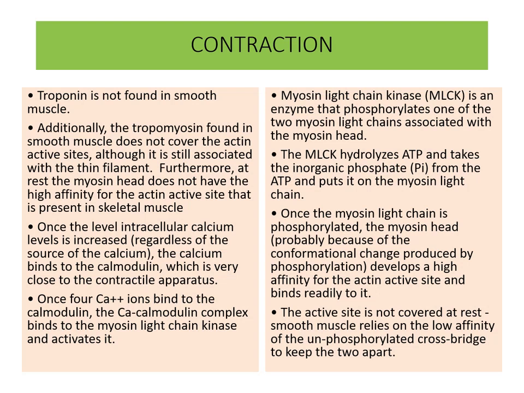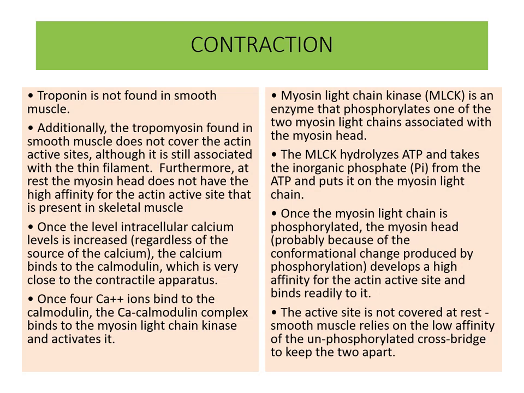So the active sites are open, and the myosin heads will contract only when the calmodulin calcium complex is formed and it is activating the MLCK, that is the myosin light chain kinase. The myosin light chain kinase plays a very important role in the contraction.